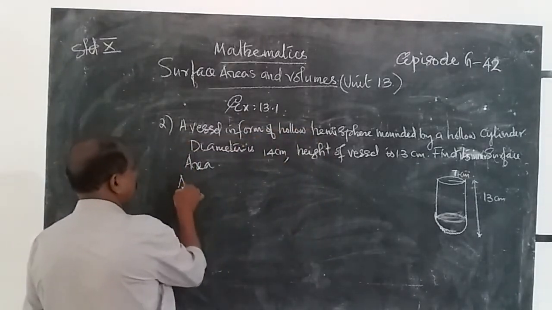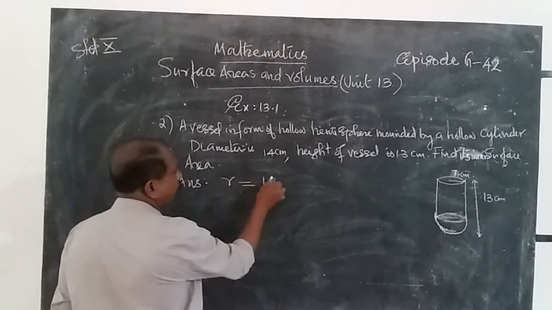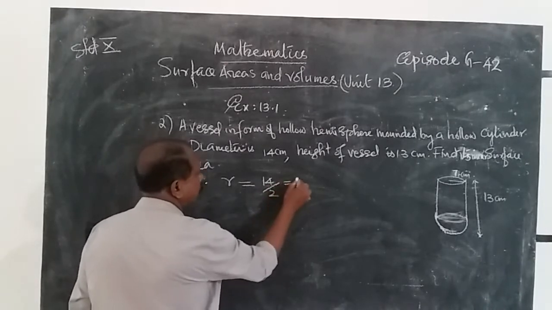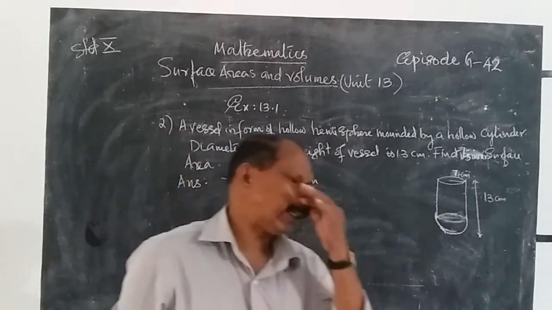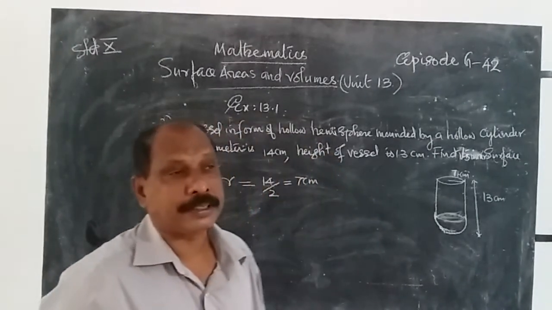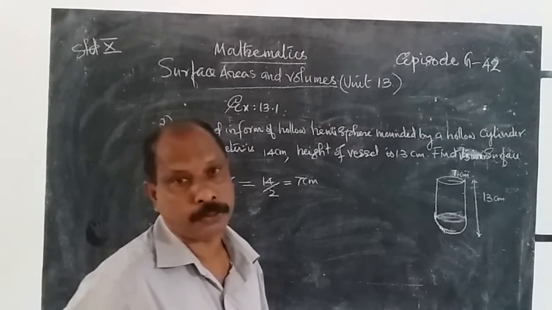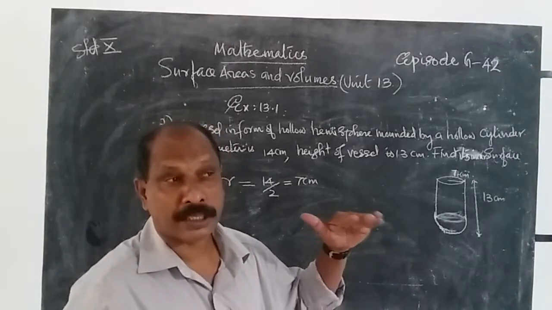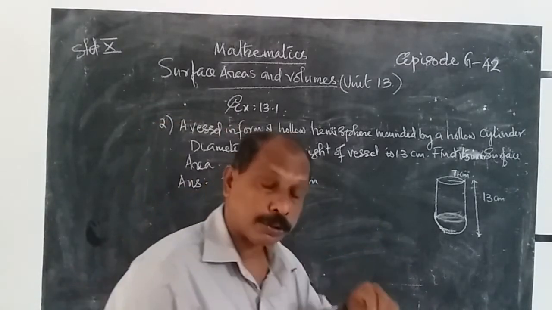Therefore, the answer: r is equal to 14 by 2, which is 7 centimeter. We can use pi is equal to 22 by 7, or otherwise, if it is a multiple of 10, we can take pi is equal to 3.14, depending on the given message.